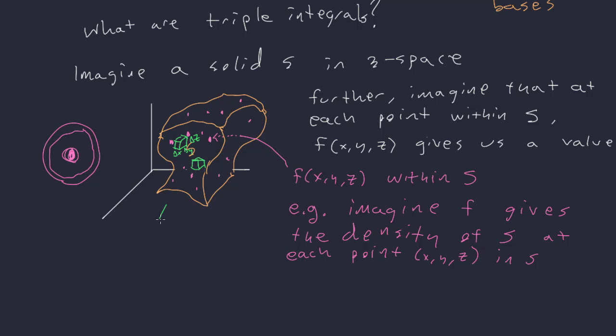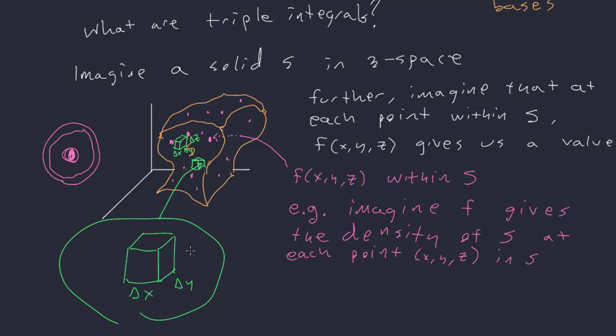Okay, and each one of these little cubes, I'll zoom in on it here. Here's a delta x, delta y, and delta z, and all together, this is going to be a delta V, the volume. And so what we do is we pick a point within this cube and pick an f.